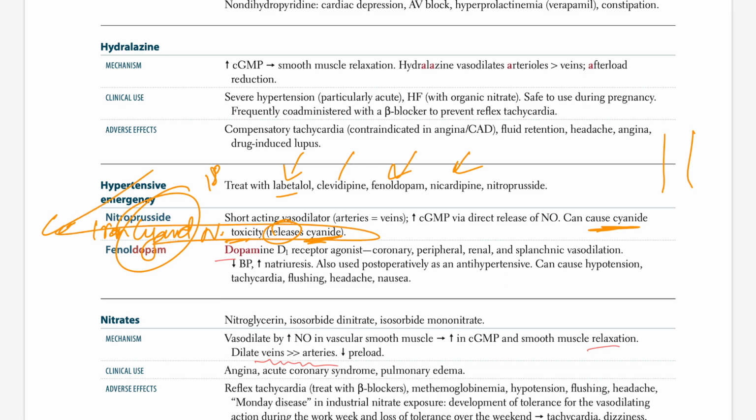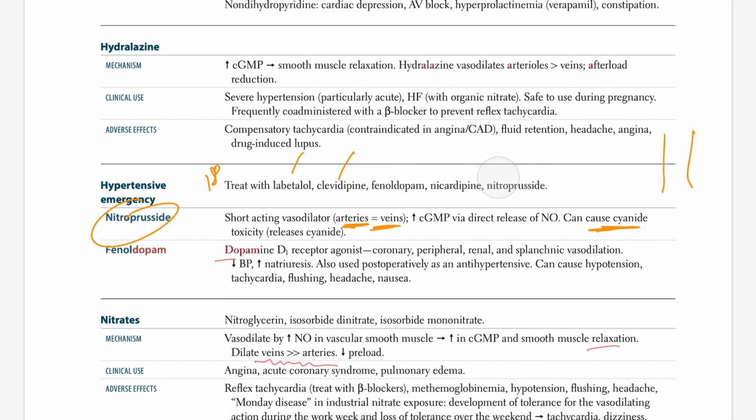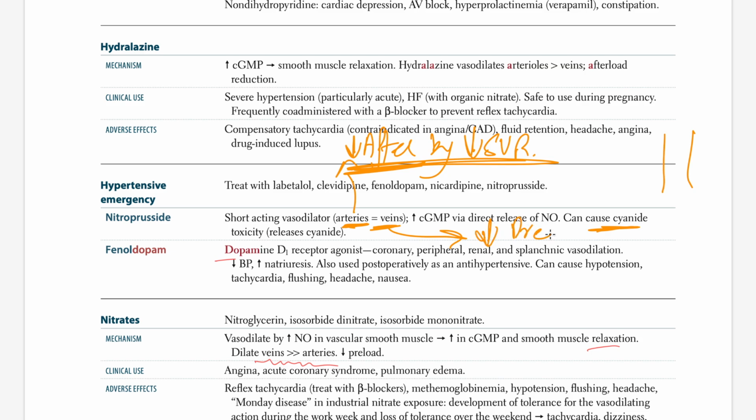So one more thing for nitroprusside, as it is dilating the artery, just guess what it's going to do. When you dilate the arteries, you are decreasing the afterload, due to the fact that you're decreasing systemic vascular resistance, right? When you dilate the veins, what are you doing for the veins? You're decreasing the preload. So decrease the preload, decrease the afterload.